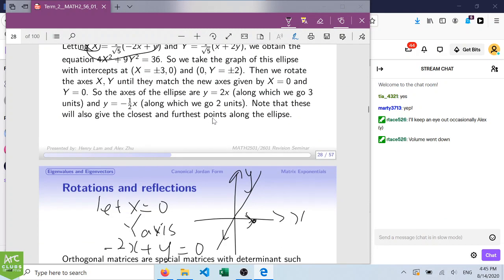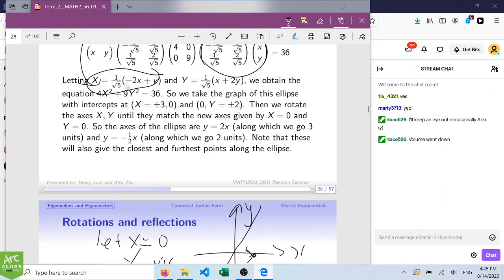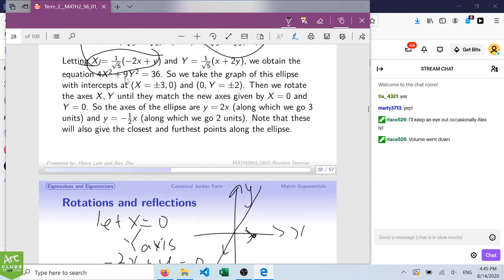So a negative value for x and a positive value for y.